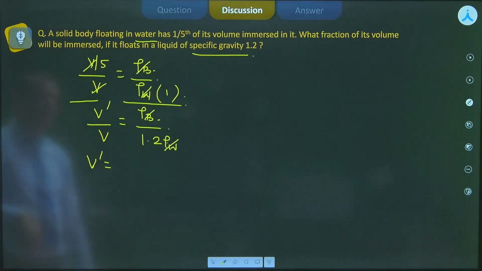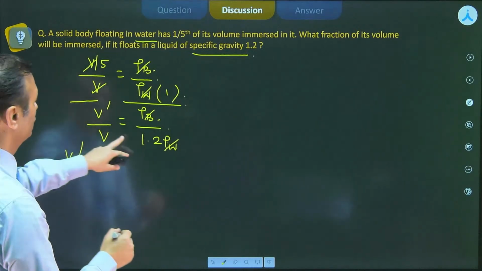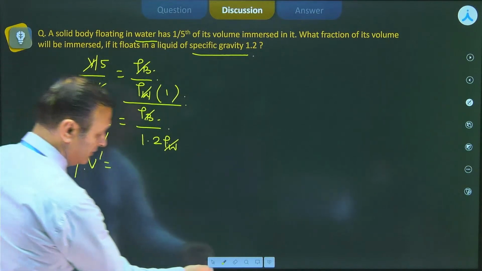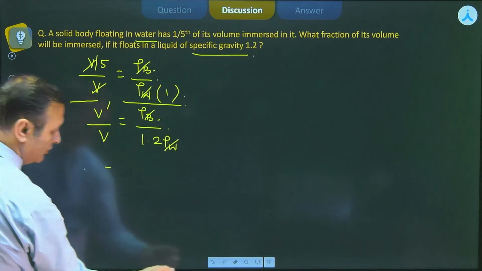So V dash by V or V by V dash, so this 1.2 and this is 1 by 5 rather. Let me write down. So this will give me what?